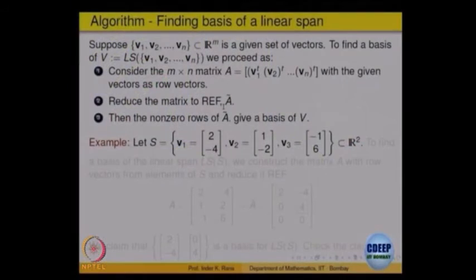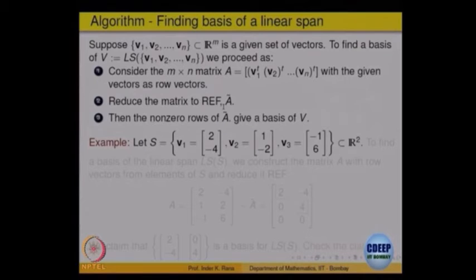So, let us look at this example. I have got 3 vectors V1, V2 and V3 in R2. There are 3 vectors in R2, so obviously they are a linearly dependent set.